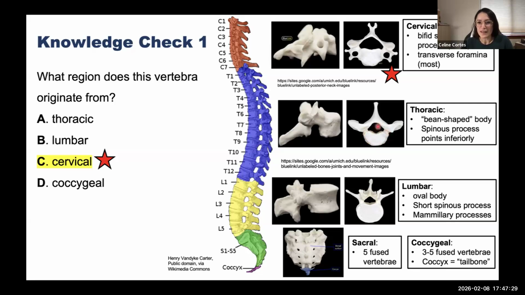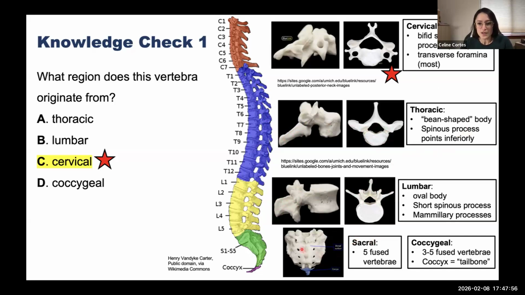Then we see the spinous process tilts down, more inferiorly. And lumbar vertebrae, those spinous processes tend to be pretty short and fat. Then we've got these little processes on the side called mammillary processes, where some of those erector spinae muscles will attach.